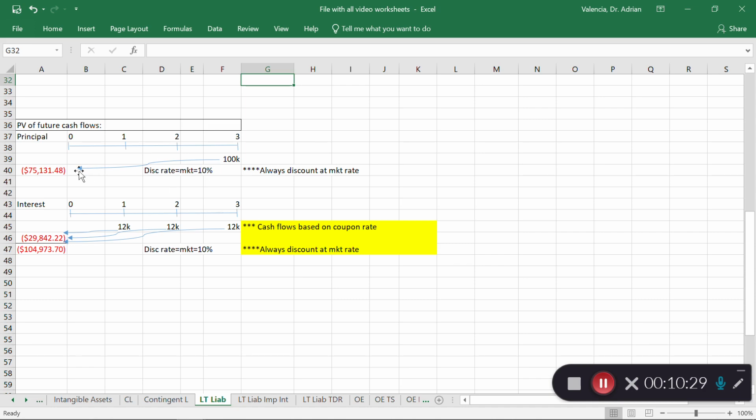So you just discount at the market. Whatever the market is, this is what changes. Whenever you're doing these computations, this here never changes. This here never changes. That's always based on the actual bond. What is constantly changing is how we discount it at the market rate. If you remember that, you'll avoid problems in doing these calculations.